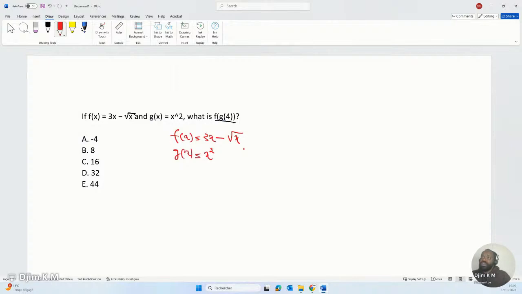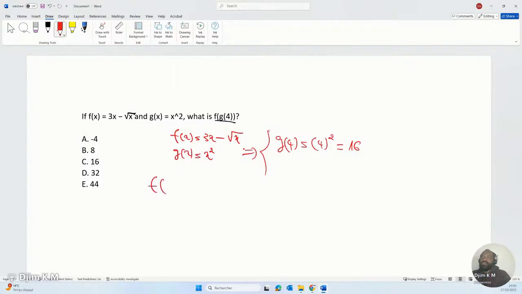We should first find the value of g(4). This can lead us here. So g(4) is going to be equal to 4 to the power 2, which is equal to 16.